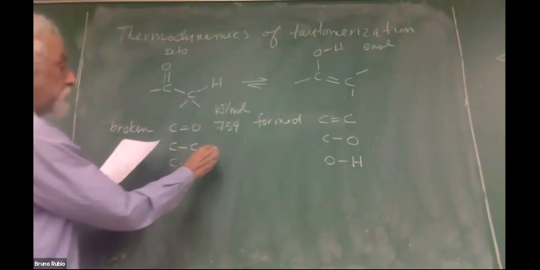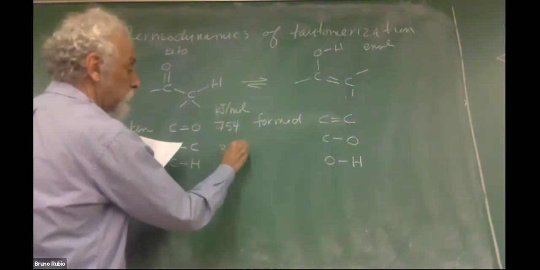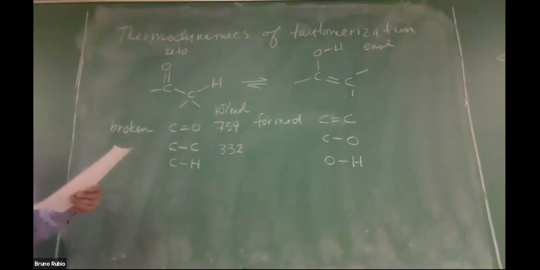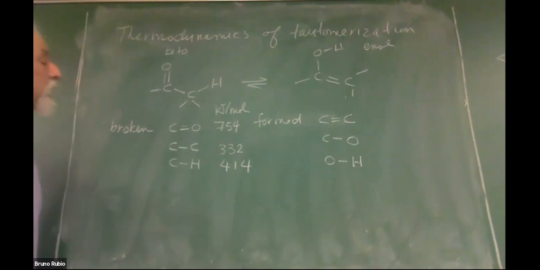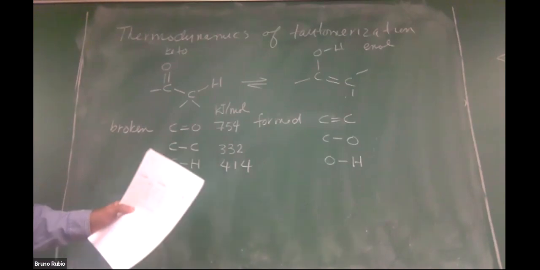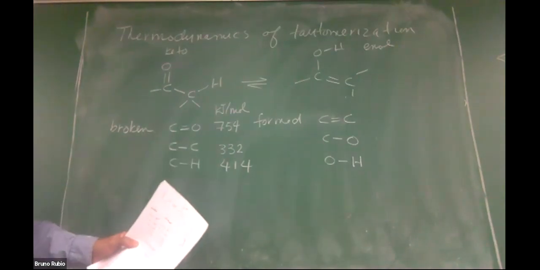The carbon-carbon single bond, that was worth 332 kilojoules per mole, and the carbon-hydrogen single bond, that's worth 414 kilojoules per mole. Where am I coming up with these numbers? I looked them up. Do you have to memorize these numbers? No. You have to be able to do a calculation like this?